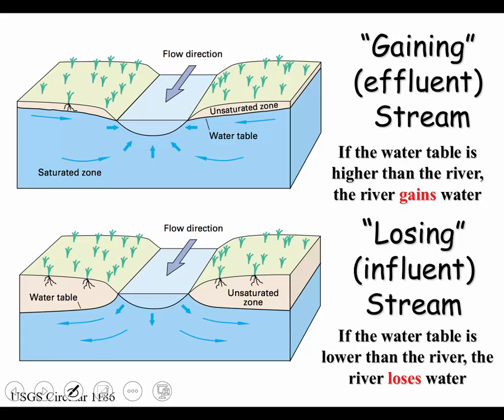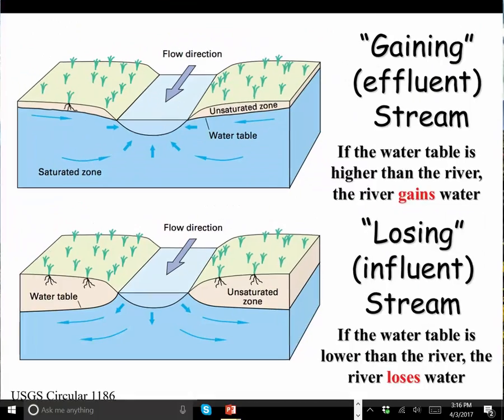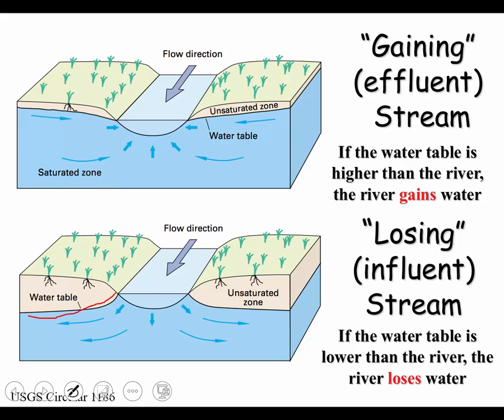Well, one of the things you could do, imagine if you were to contour this surface. If you contoured that surface, it would get low. There would be a trough where the stream is. And the elevation of that surface would be the stream.